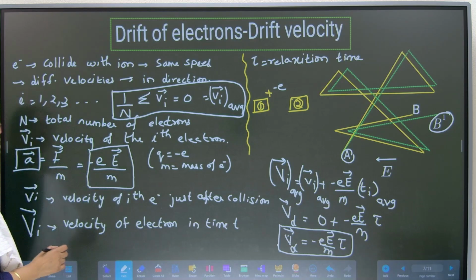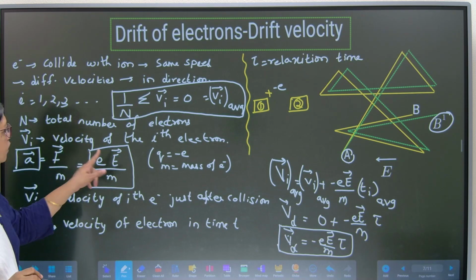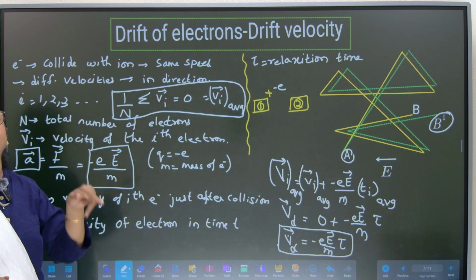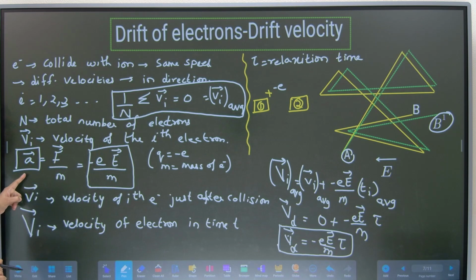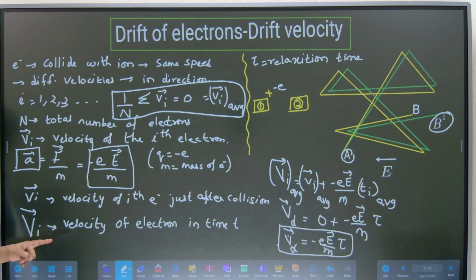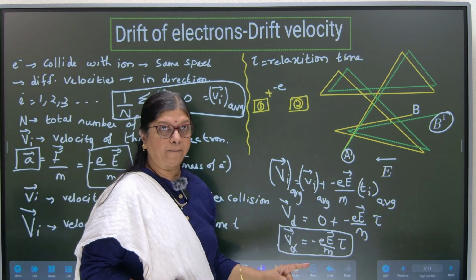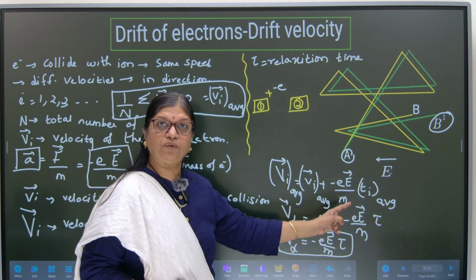Now let us give an electric field to it such that due to this electric field the electrons accelerate and the acceleration is given by negative Ee upon m. Because of this acceleration, let us find out the velocity of each electron, as given in the equation.